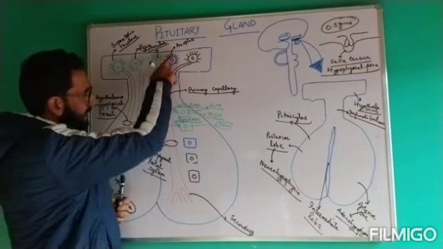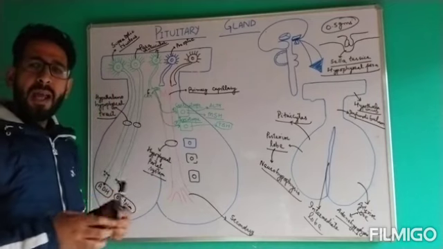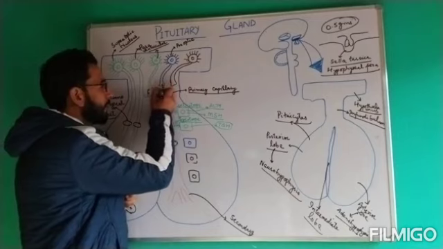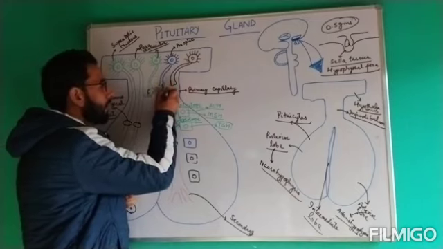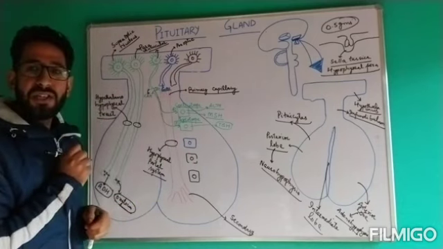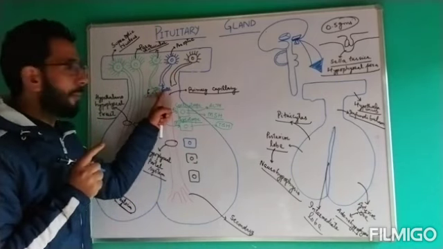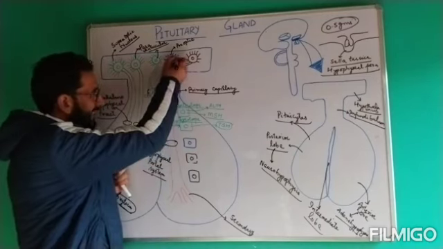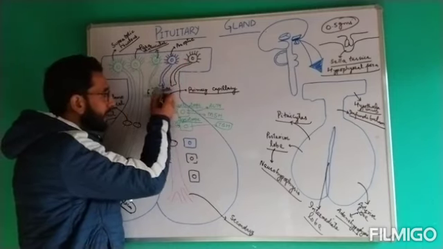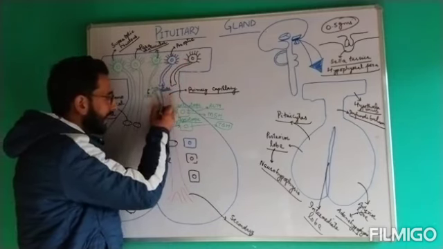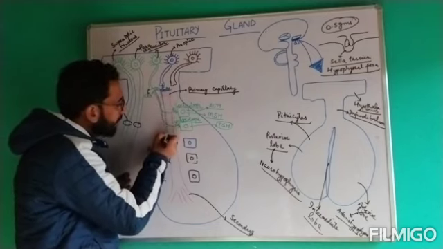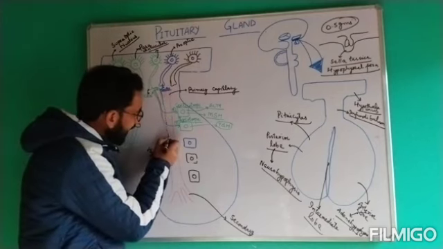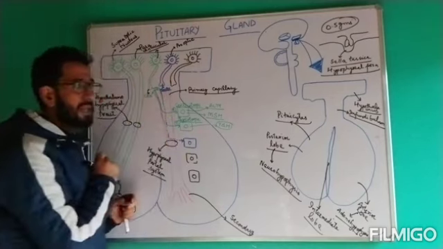Then there is the pre-optic nucleus. This pre-optic nucleus secretes one hormone called gonadotropin releasing hormone, GnRH. Once secreted by the pre-optic nucleus, it also comes into the circulation, this hypophyseal portal system, goes to the anterior pituitary and stimulates this cell right here.